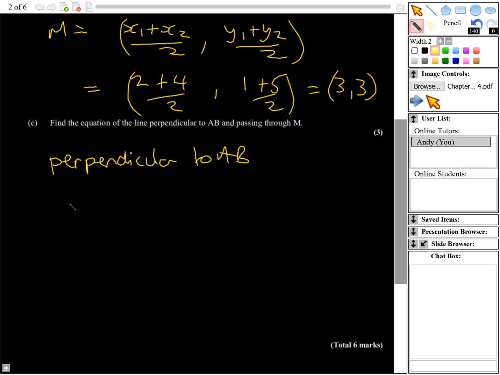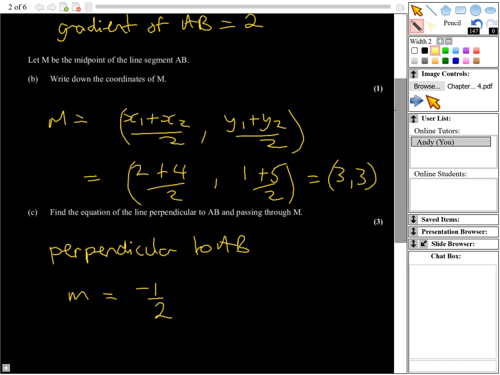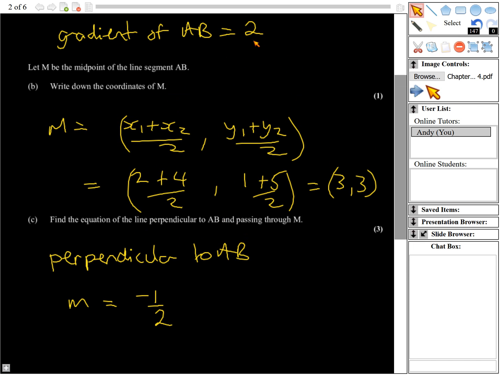Make that into a fraction, so it'll be 2 over 1. Flip it the other way, it would be 1 over 2, and then change the sign. So it's going to be negative 1/2. What I did there is I took 2, made that into a fraction, 2 over 1, turned it upside down to become 1 over 2, and then changed the sign: the negative reciprocal.